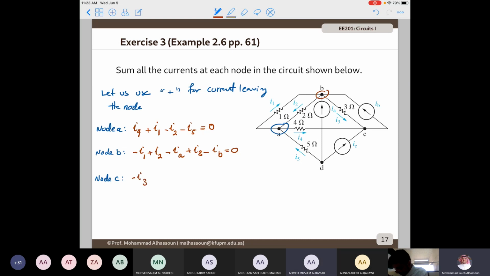And minus IC, yes. And minus I4, yes. What about IB? Yes, positive IB equals to 0. Exactly.